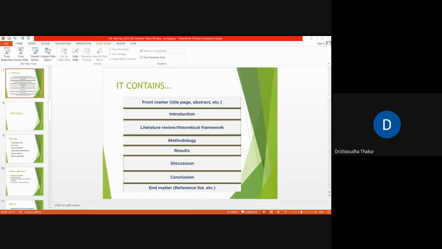And then comes the abstract page. What is the abstract page? If I had to explain in my classroom, I will explain like this. Abstract is your complete journey of research in one page, in 300 words. Suppose you are asked to write: 100 words on how you started, 100 words on what challenges you faced, 100 words on what the outcome is.